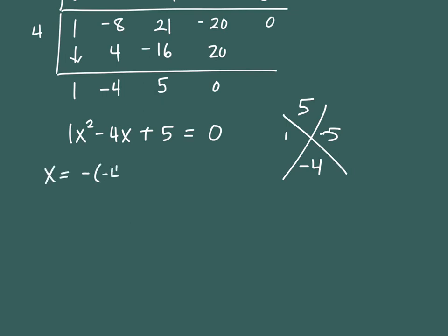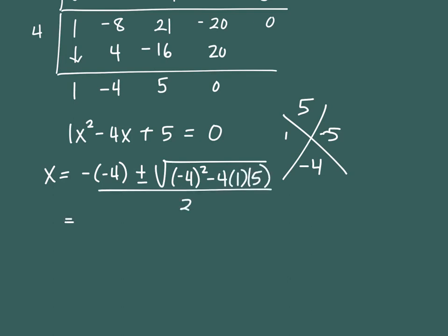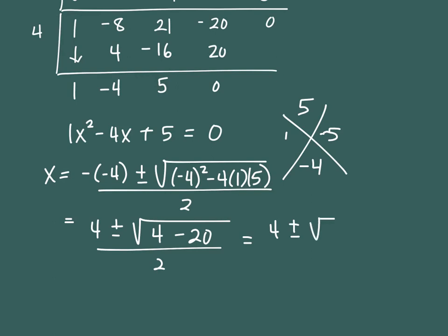So x is -b plus or minus square root -4 squared minus 4 times 1 times 5 all over 2. So I'll do the math for you a minute. That's 4 plus or minus the square root of 16 minus 20. So under the square root, I'm going to get -4.